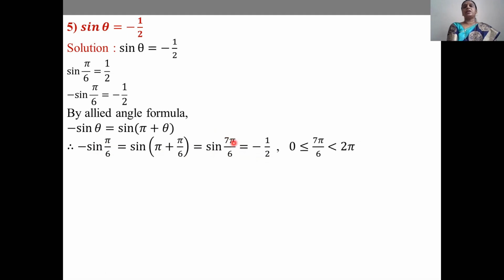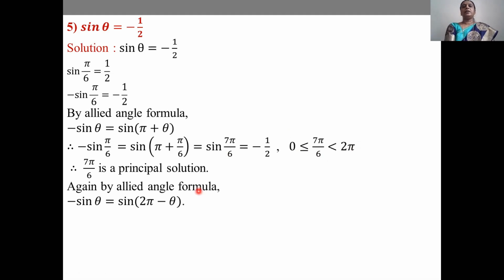Now we have to check whether this 7 pi by 6 lies in the interval 0 to 2 pi or not. For that, convert this radian angle into degrees. After converting, this is the angle of 210 degrees. Therefore, 7 pi by 6 lies in the interval 0 to 2 pi. Therefore, 7 pi by 6 is a principal solution.